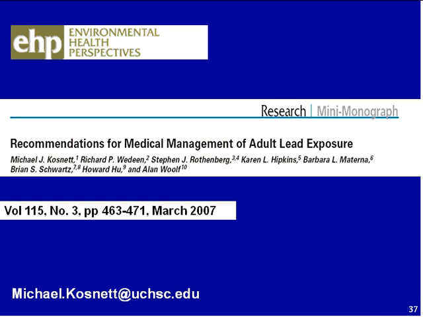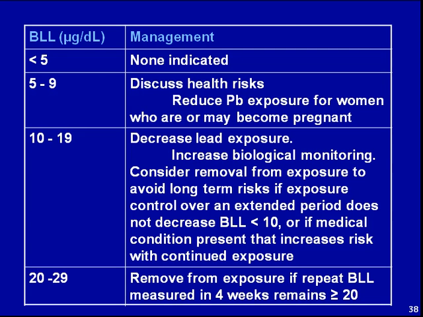Bearing this and other data in mind, a group of colleagues, of whom I was one, wrote a paper in Environmental Health Perspectives in March of 2007, in which we made recommendations for the medical management of adult lead exposure. And this table basically summarizes some of our key recommendations.